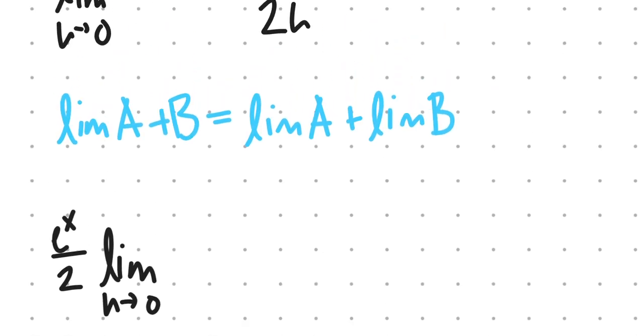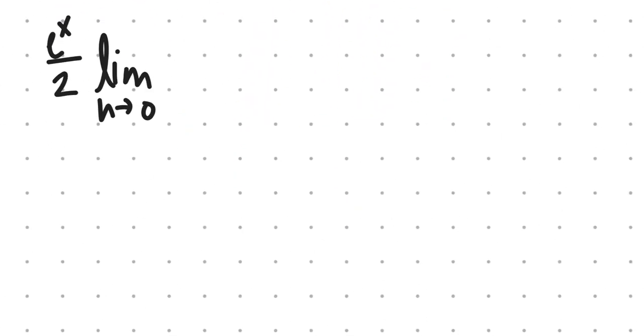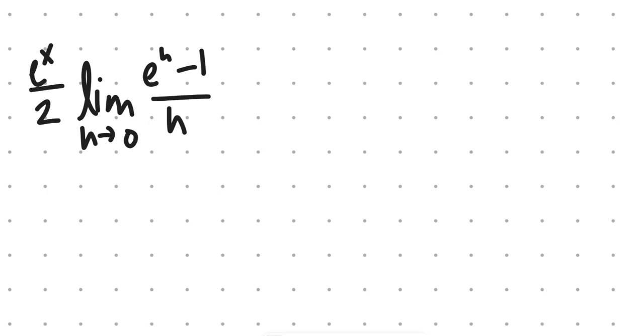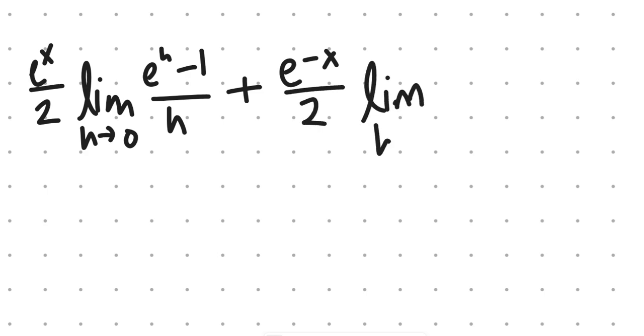We get e to the x over 2, using our property of constants because x is independent of h, times the limit as h approaches 0 of e to the h minus 1 over h. Then we have plus e to the negative x over 2 times the limit as h approaches 0 of 1 minus e to the negative h, over h.